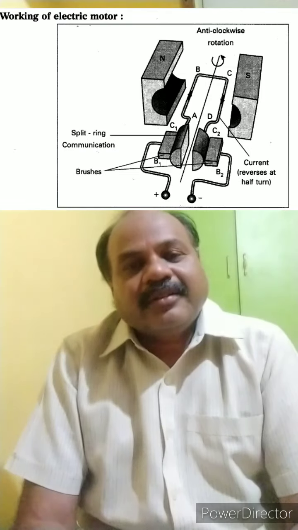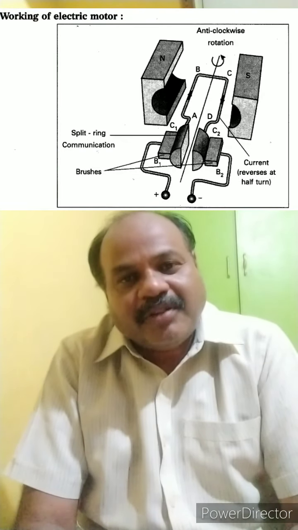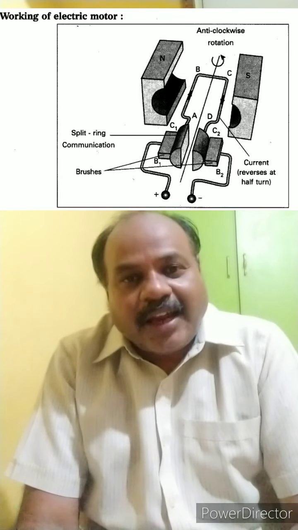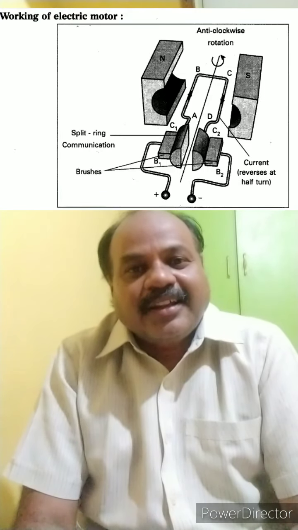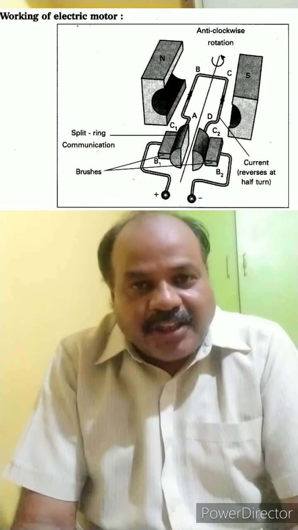Observe, my dear children. When current is passing, it enters first B1, later C1, then enters the AB side in the armature.